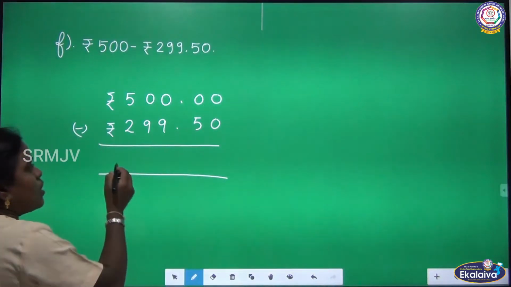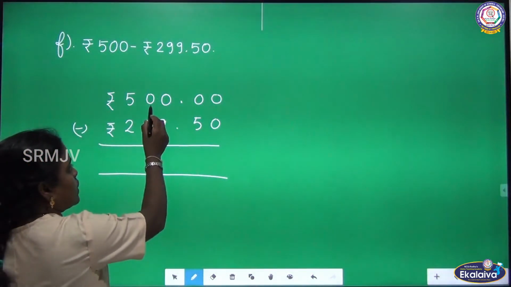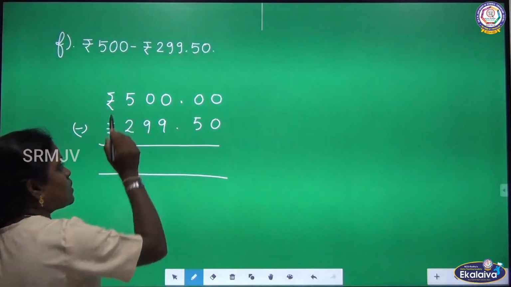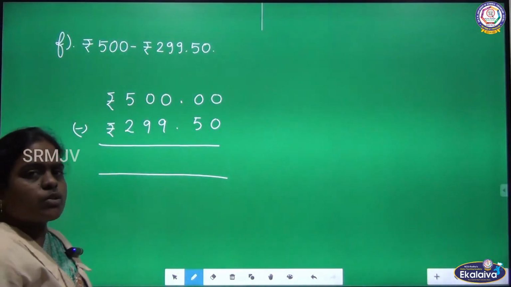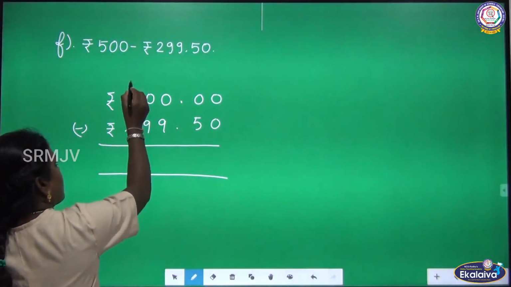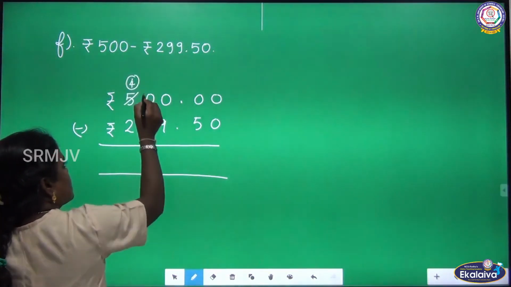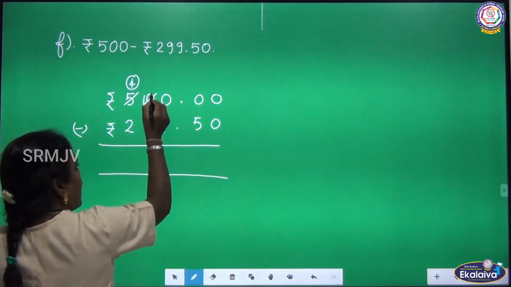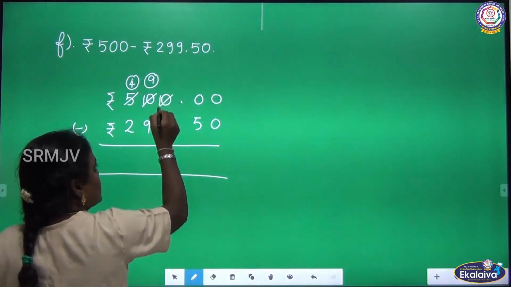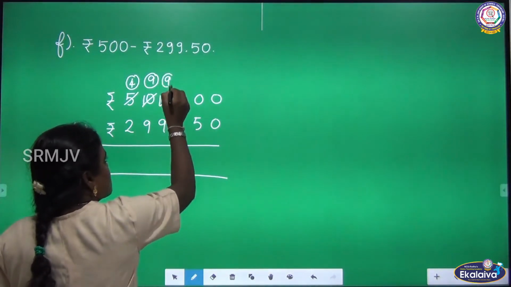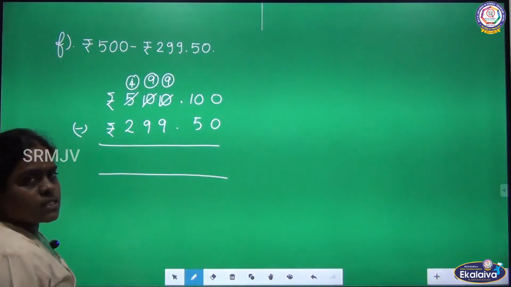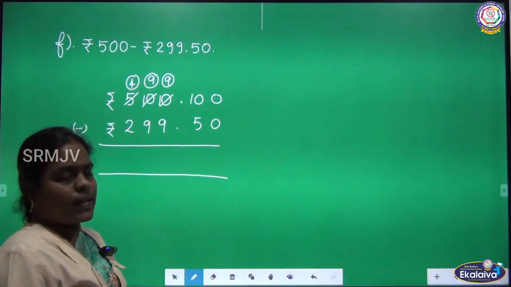Here look at the first amount, children. Here all the places are 0 except the last digit. So we are going to borrow from 5. 10, and if you borrow 1 it becomes 9, again 10 and becomes 9. Here we are going to change 0 as 10.